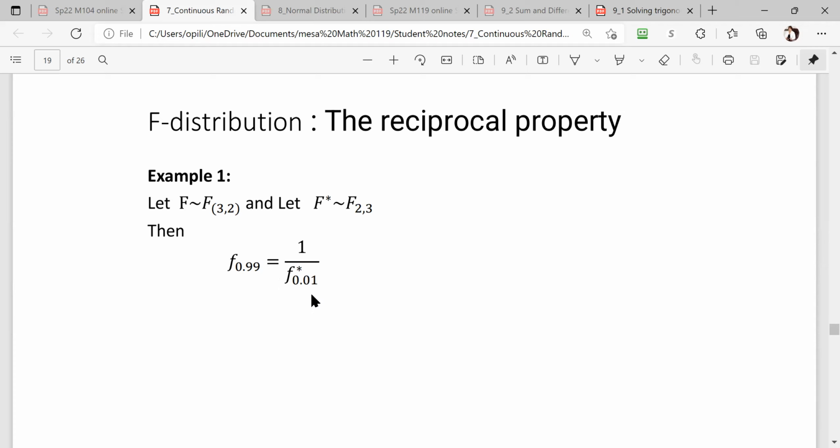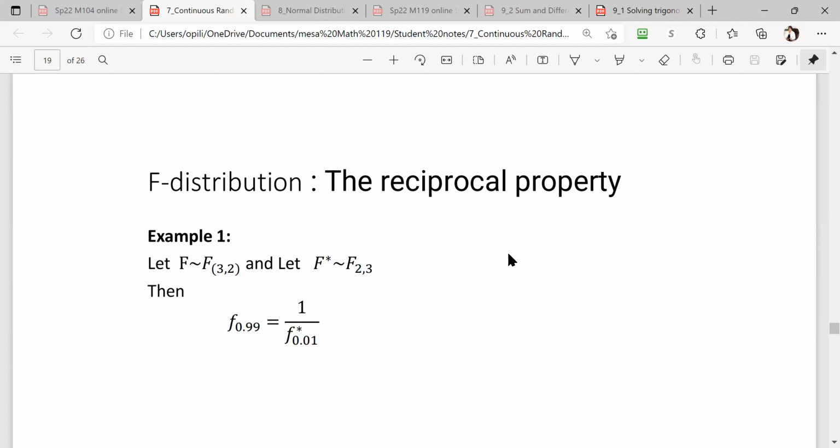So that's the reciprocal property. Look at these distributions: F is F with parameters 3, 2, and F with asterisk is F with parameters 2, 3. Again, this is not critical to remember for this course. This is just general information.